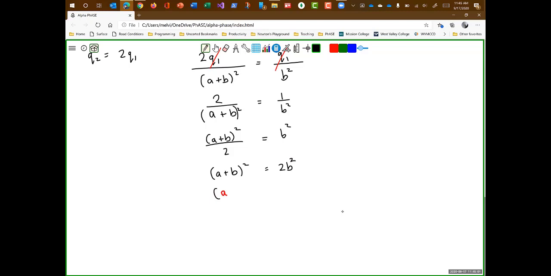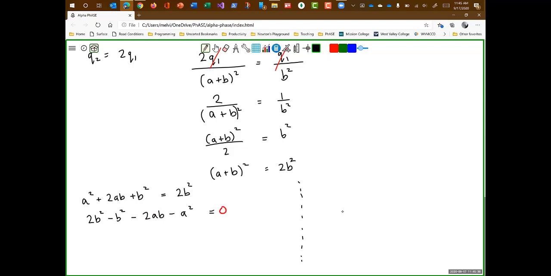So if we multiplied the left side, and maybe I'll just separate my page, the left side will be for the quadratic. We have A squared plus 2AB plus B squared on the left, and that is equal to 2B squared on the right. This is now 2B squared minus B squared minus 2AB minus A squared is equal to 0.